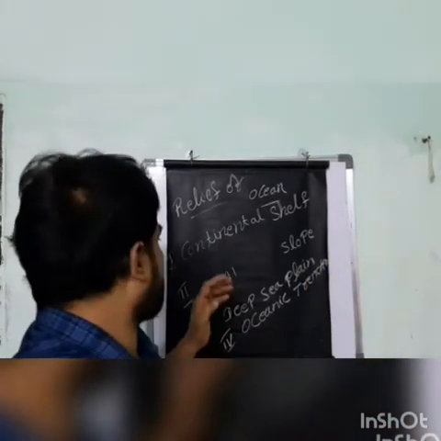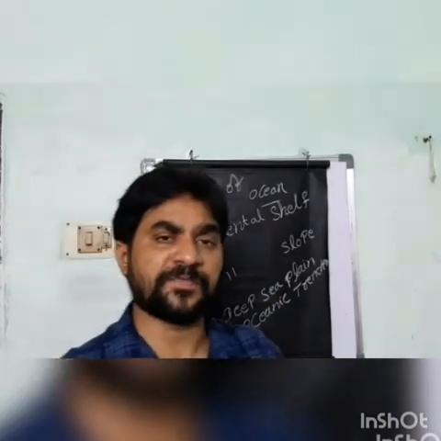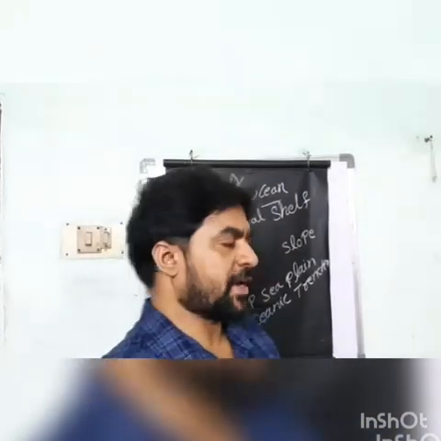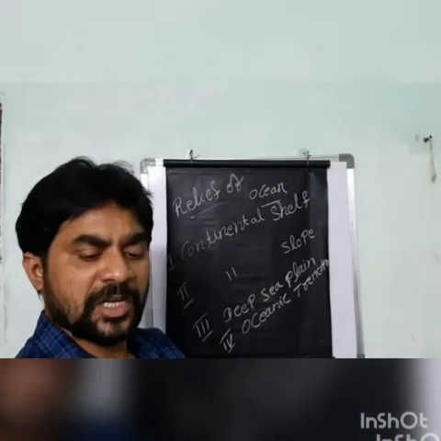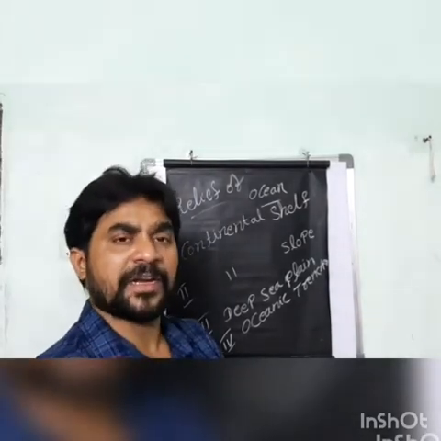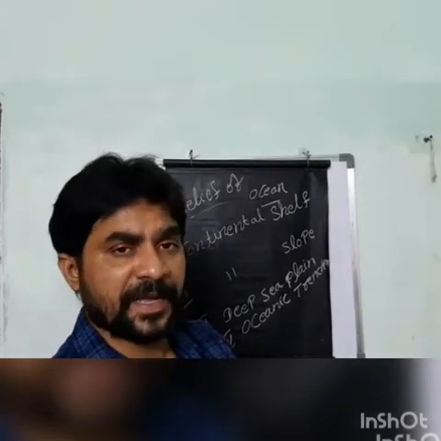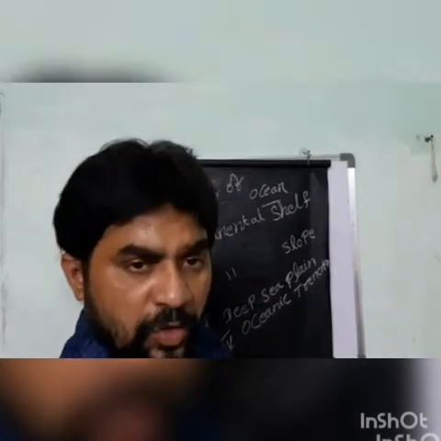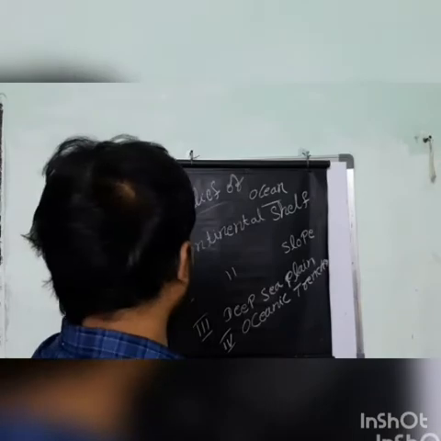So if you observe the relief of the ocean based upon the depth of the ocean, it is divided into these four: Continental Shelf, Continental Slope, Deep Sea Plain, and Oceanic Trenches.